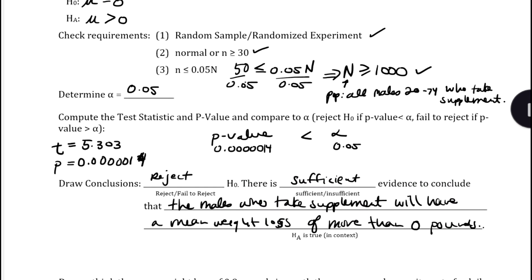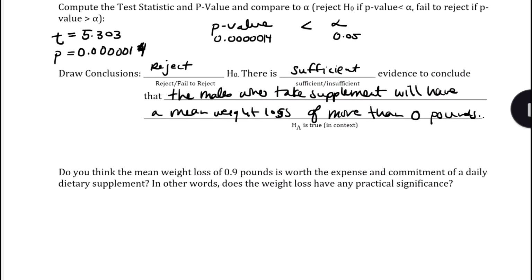And so you're like, okay, would it be worth it to take this dietary supplement every single day and buy it if over 8 weeks you only lose nearly a pound? It's statistically significant, so we have sufficient evidence to conclude that it will do that. However, is this practically significant? Or is it something that you would want to do?